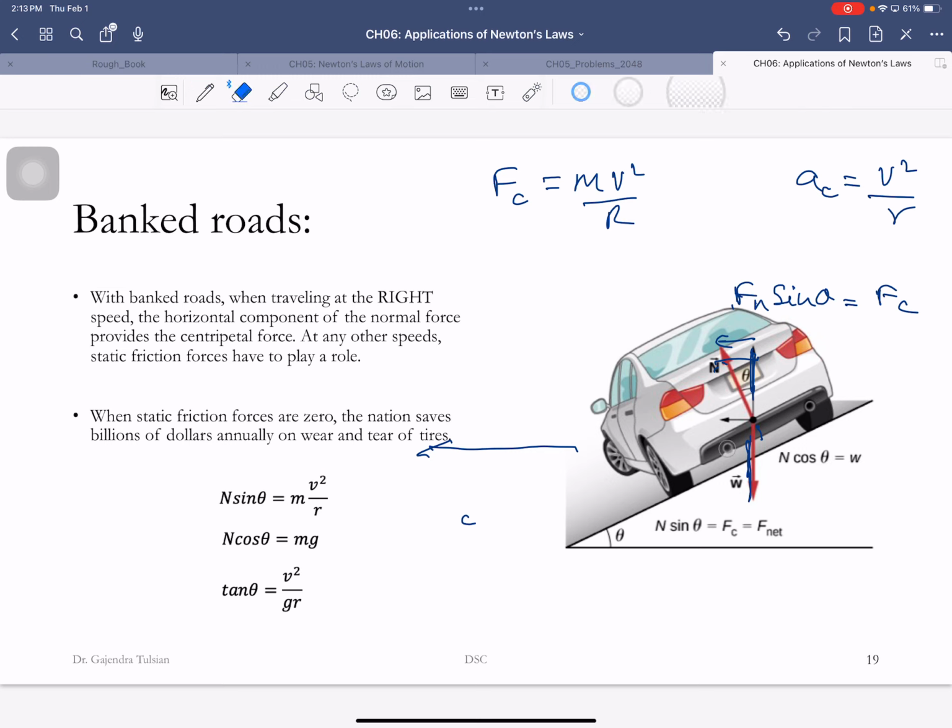So by banking the road, this component of the normal force provides the centripetal force, and this component of the normal force is balancing the weight.